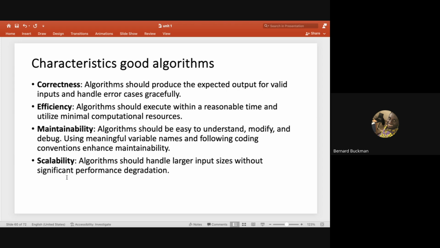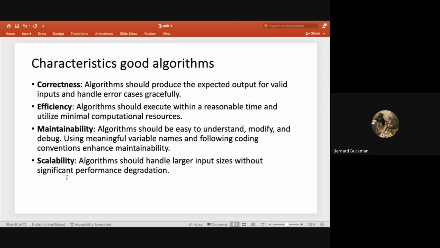Algorithms also have to make efficient use of memory and respond in good time. If one algorithm can solve a problem in 2 days, and another algorithm can solve it in just 3 minutes, the choice between the two depends on the time. So efficiency, space complexity, and time complexity are very important for algorithms.